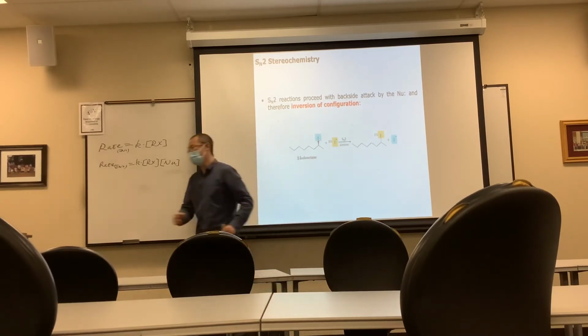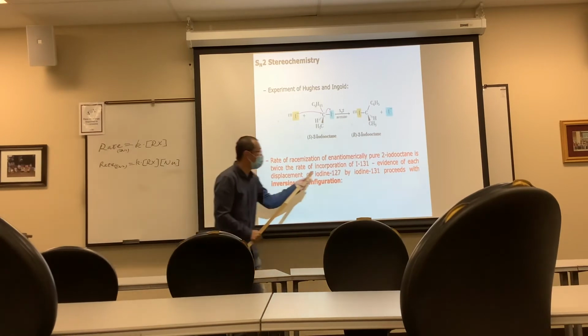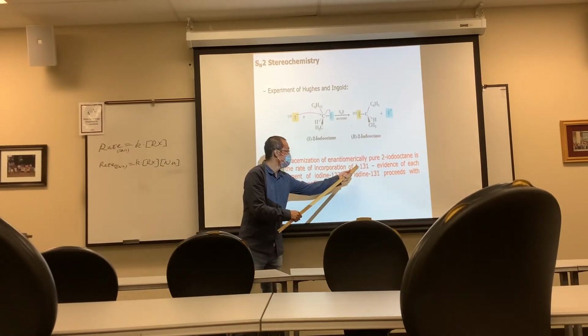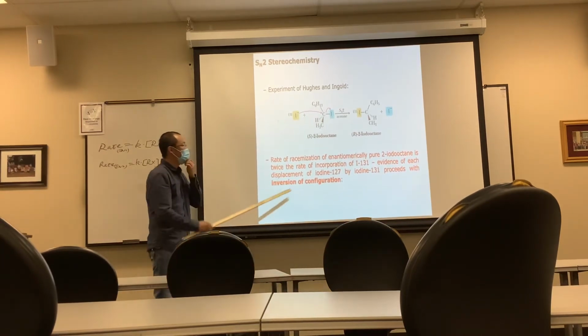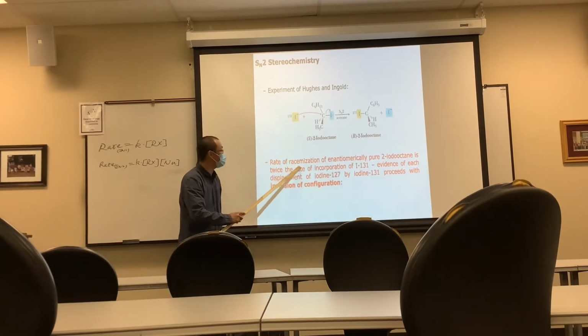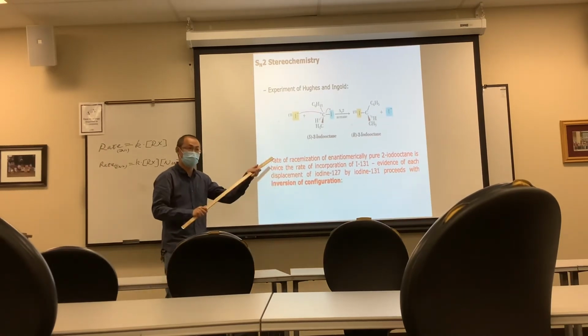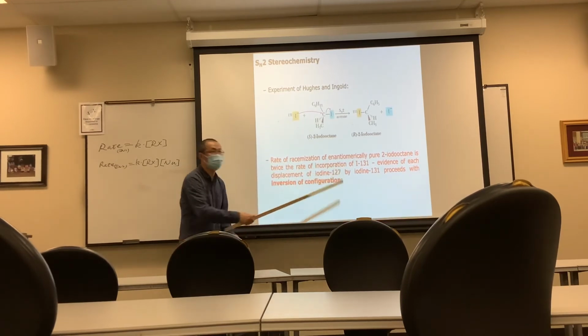So in other words, the rate of racemization, the rate at which the whole thing becomes racemic, is twice the rate of incorporation of this iodine.